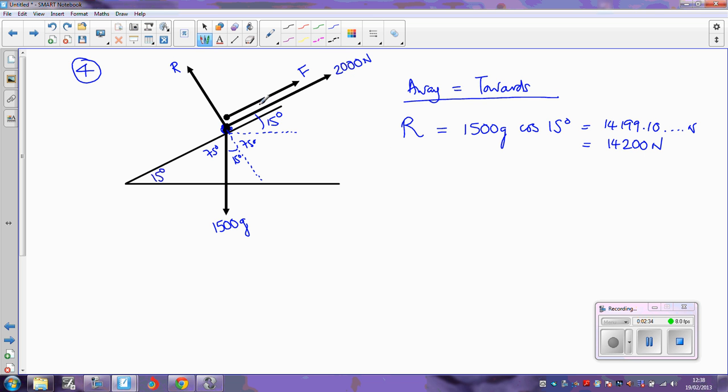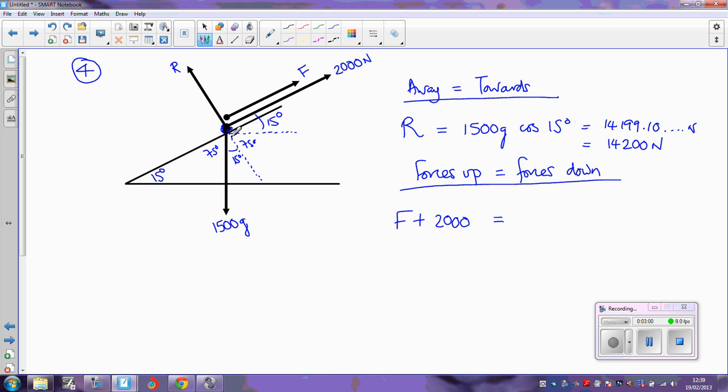Okay, what I'm now going to do is work out the frictional component of the contact force. In other words, I'm just going to work out the frictional force, and I'm going to use the fact that the forces which are tending to make the skip move up the slope must equal the forces which are tending to make the skip move down the slope. Now, there are two forces tending to make the skip move up the slope. There's the frictional force, which is acting up the slope, and there's also the 2000 newtons, and those must equal the forces acting down the slope.